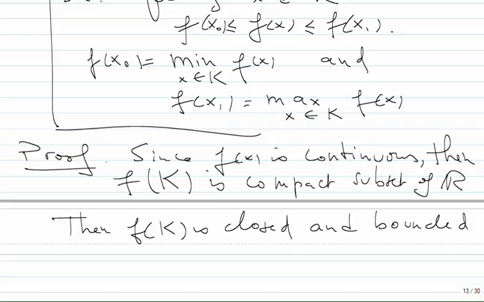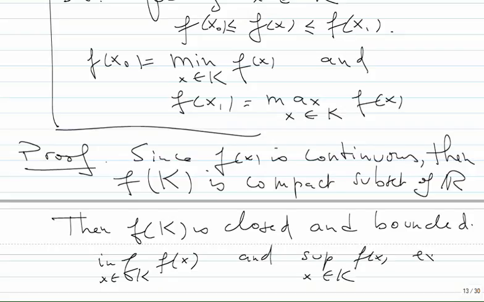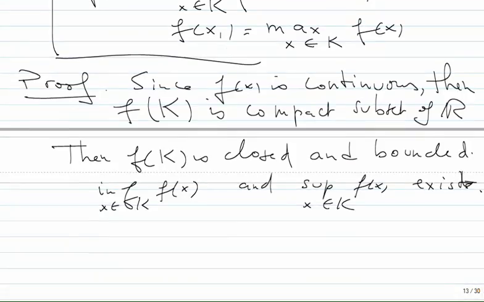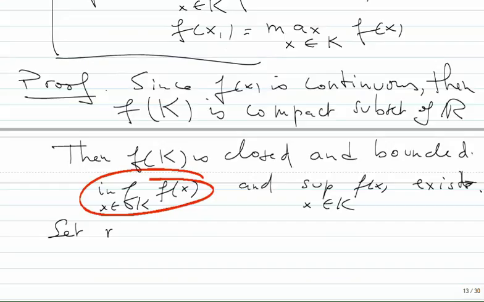So in particular, the infimum and the supremum of f of x when x belongs to K exist. Next, we want to prove that this infimum and supremum are in fact minimum and maximum. Let me just prove it for the infimum. Set m equal to the inf of f of x when x belongs to K.